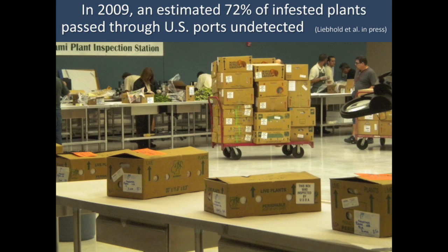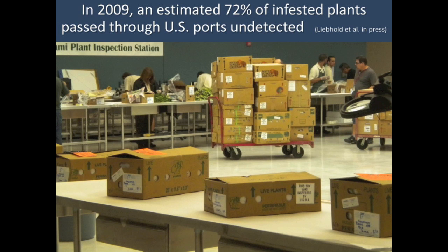For example, in the year 2009, where we have very good data, it's estimated that about 72% of all the infested plants, that is, plants infested with non-native insects or diseases, actually pass through the U.S. ports without being detected.